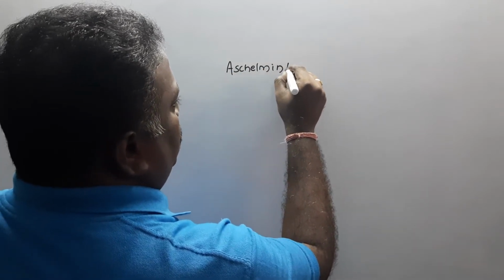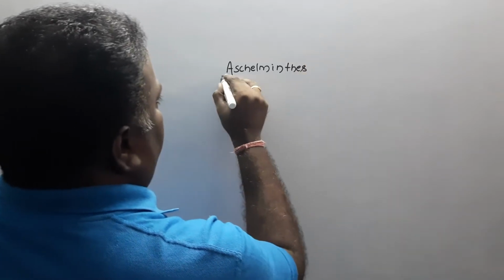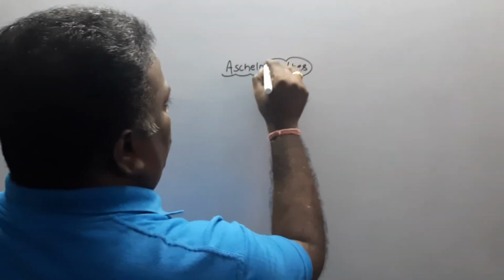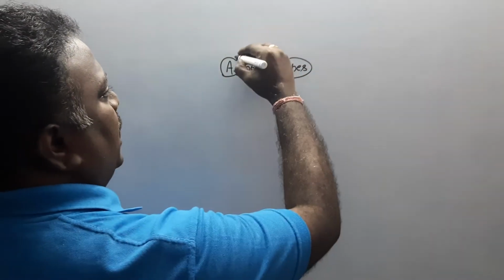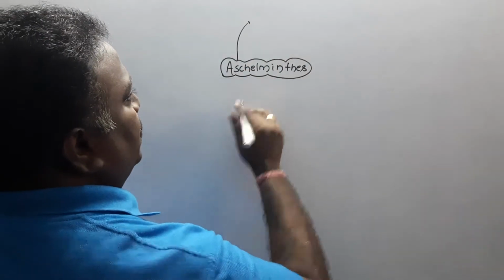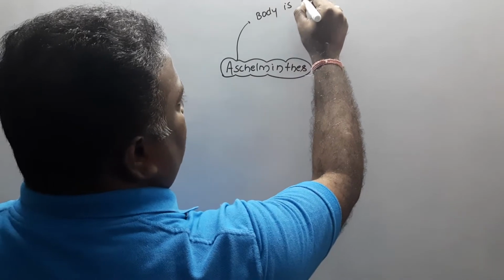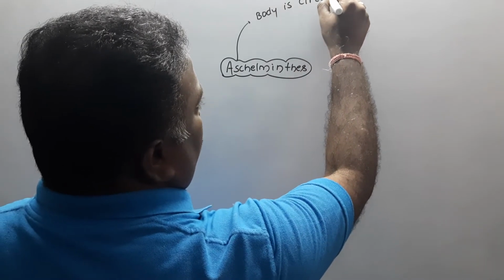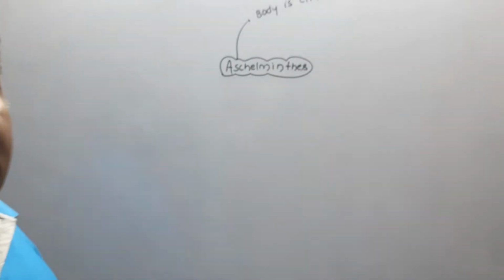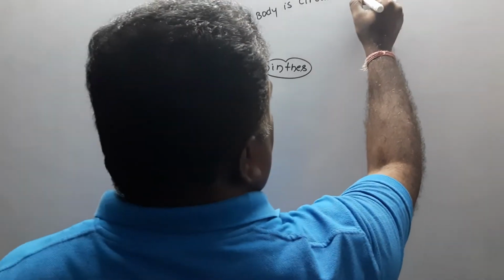Aschelminthes. This is one of the important points from the NEET point of view, and I think everybody knows this Aschelminthes. The body is circular in cross section.